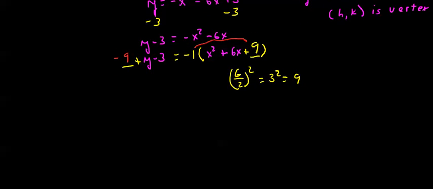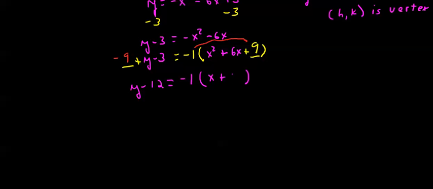Now, I'm going to clean up this mess. I'm going to erase all this, and then we're going to continue. On the left-hand side, we have -9 minus 3. We have y minus 12 equals -1 times, and here we factor, (x plus 3) quantity squared.